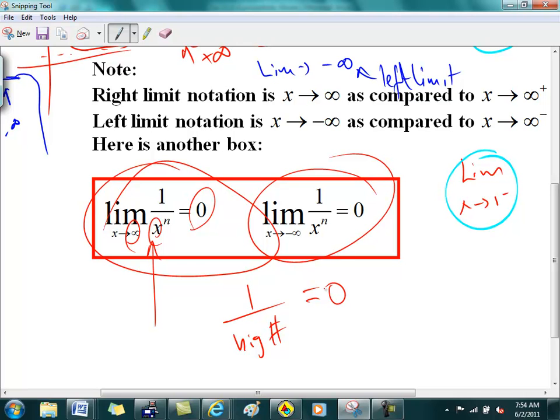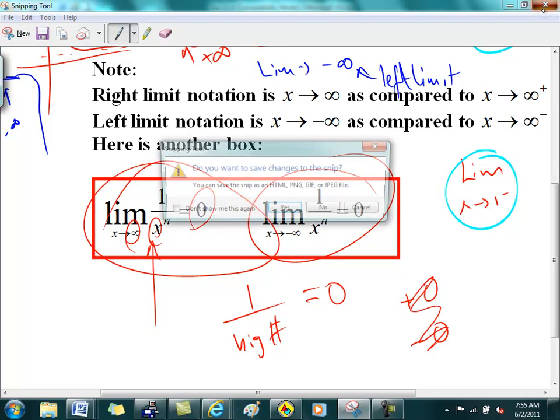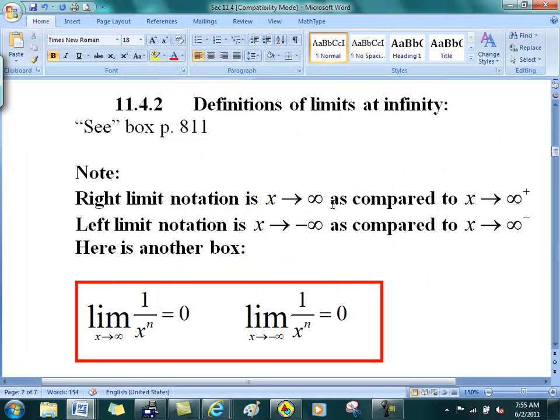Okay, and that's true for whether it's going to plus infinity or minus infinity. You guys know that there's nothing like this, right? There's no positive 0 and negative 0. It's 0. Okay? There is no sign attached to it. All right? So you got to know this, okay? Limit of 1 over x is 0 as x goes to infinity.